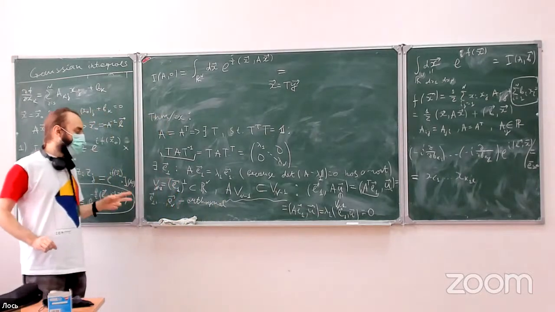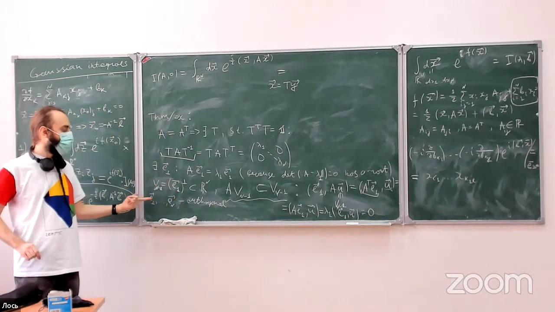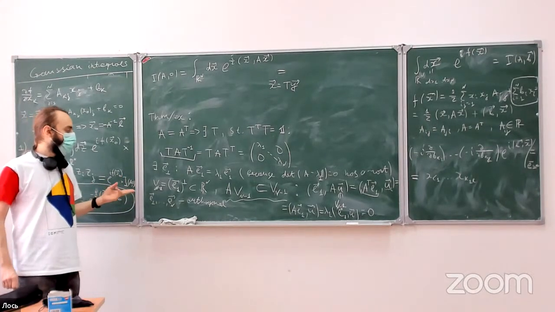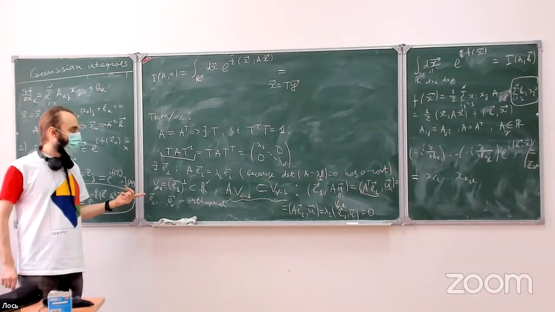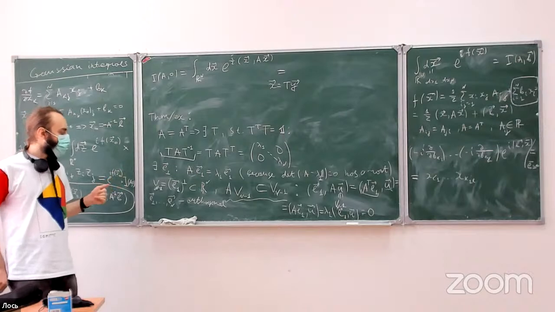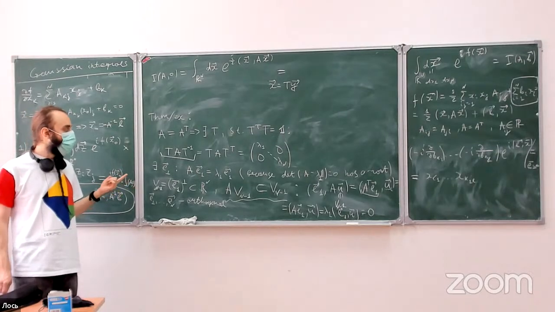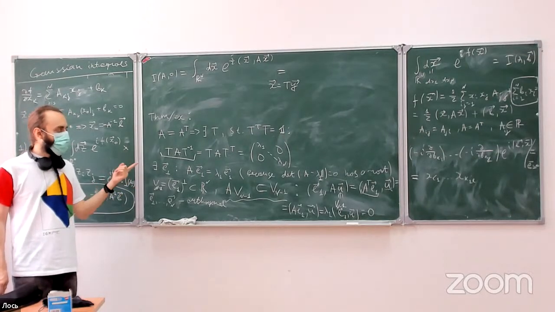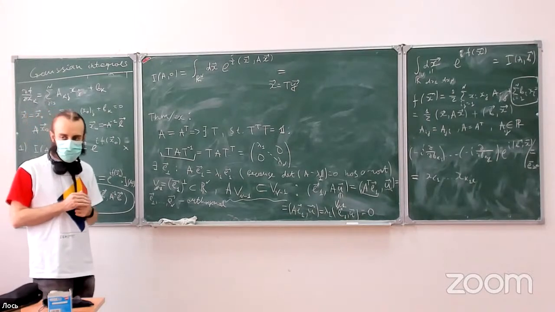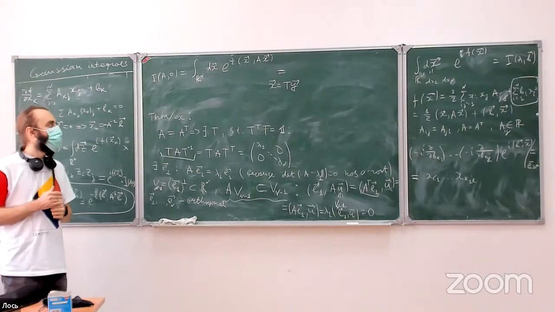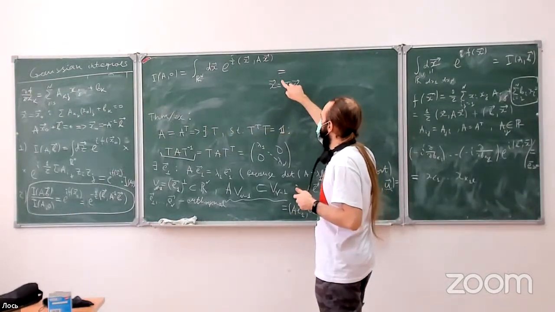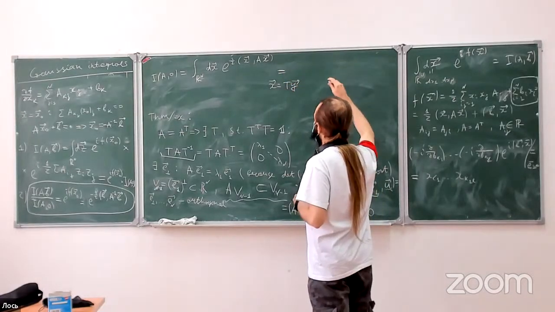Also we can normalize these vectors to length 1, and this will give us an orthogonal transformation of our vector space, which brings A to diagonal form. So there exists such T that A can be diagonalized.